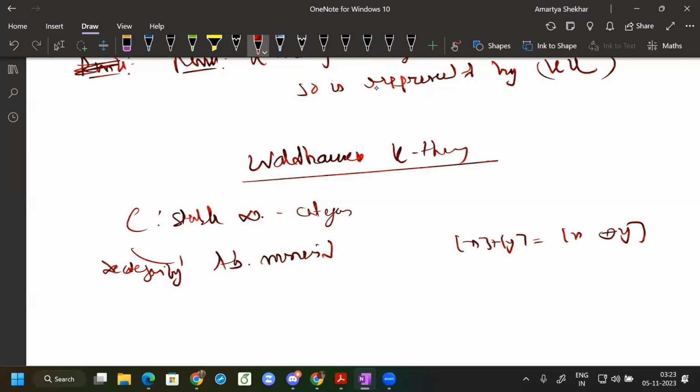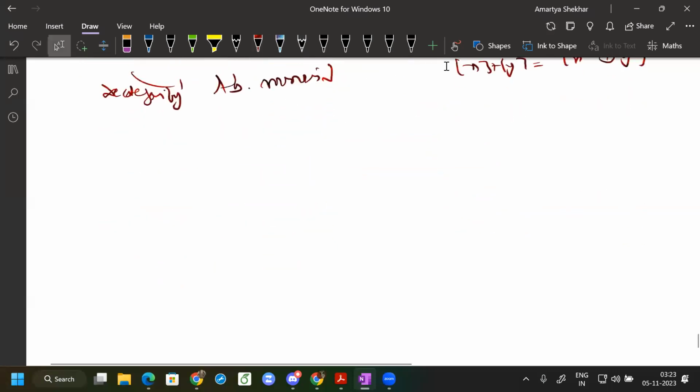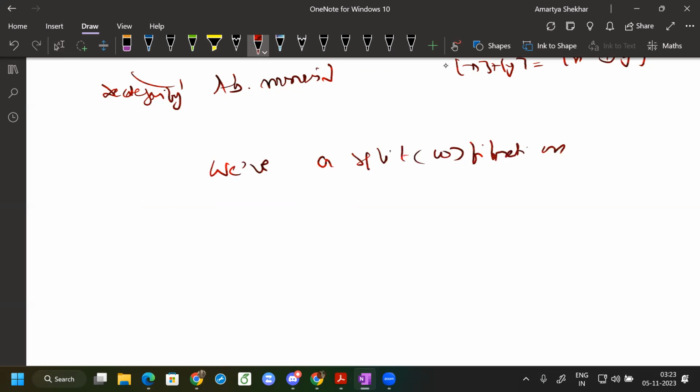In fact, this is the way to think about Waldhausen K-theory, that you have a split exact sequence, something like this, whatever.